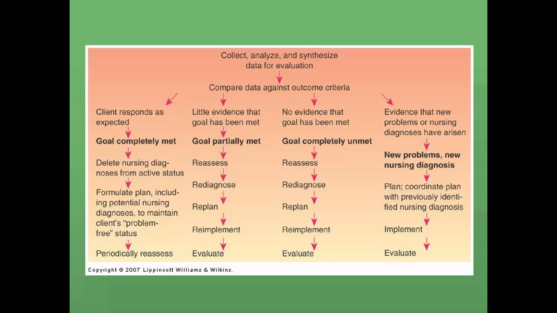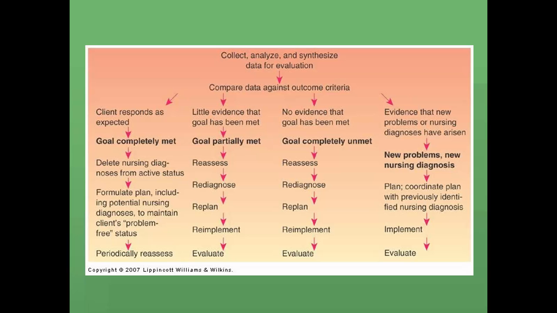In the middle columns, you can see the line that talks about the goal being partially met. And then to the right, the goal completely unmet. And you can see in that situation, we need to reassess the situation, perhaps reformulate correct diagnoses, make a new plan, implement, and evaluate at that point in time.